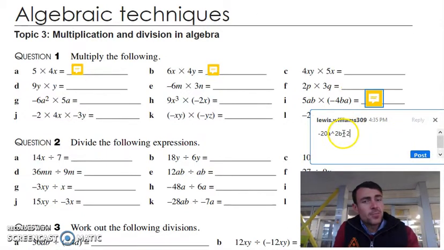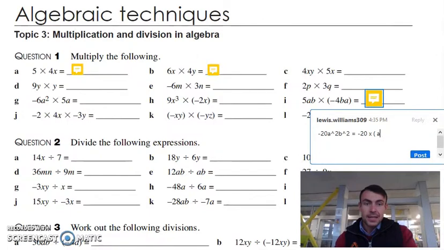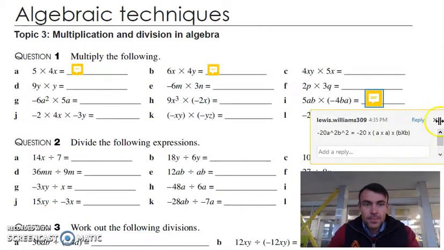So I'm using my squareds and my cubes, if it's a 3, or maybe a 4, to write it easier. It's easier to write that than to write out minus 20 times a times a times b times b. You can see it gets a bit hard. So it's easy to just write a squared times b squared. And we know that they're all times together at the end.